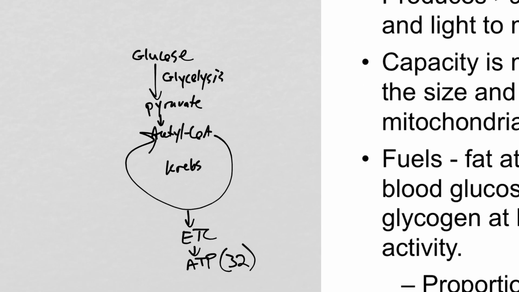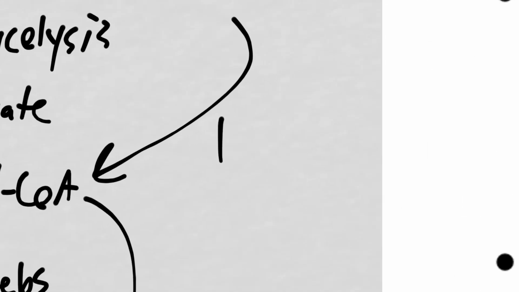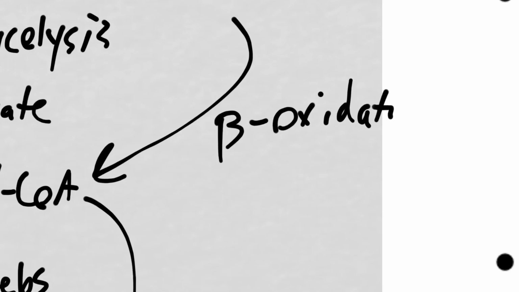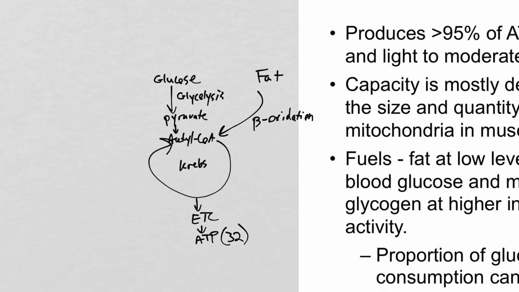And you can do that with glucose. You can also do that with fats. Fats can be converted to acetyl-CoA through beta oxidation. And generally, slow twitch type 1 muscle fibers like to use fat whenever possible because you have lots of it.